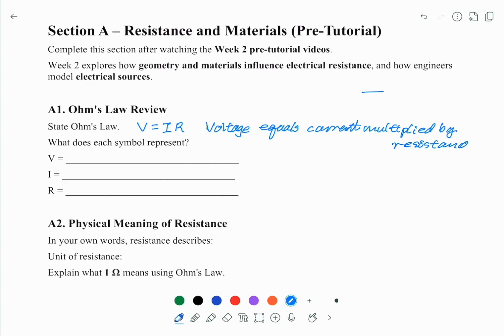And usually this is how the simple circuit and how Ohm's law is verified.